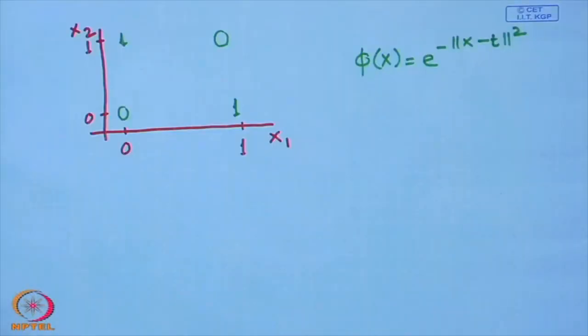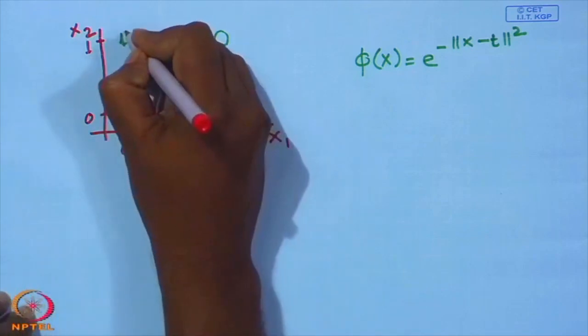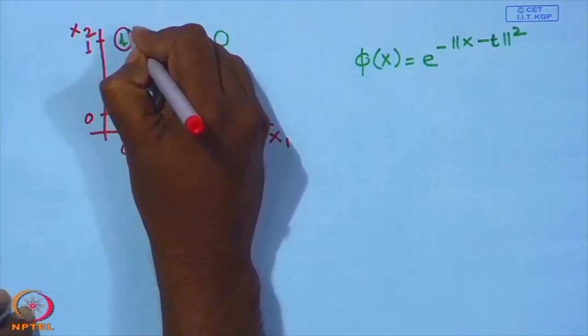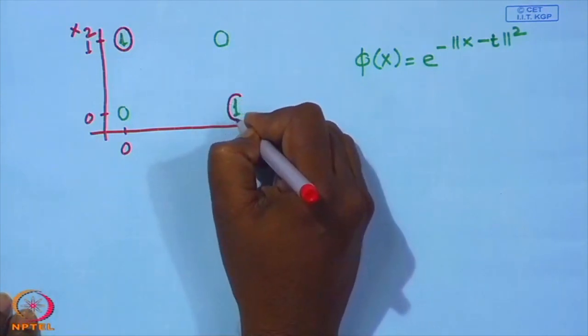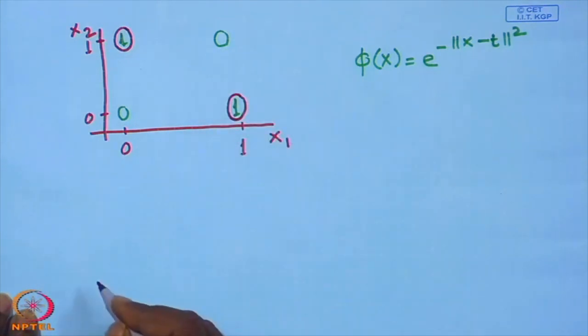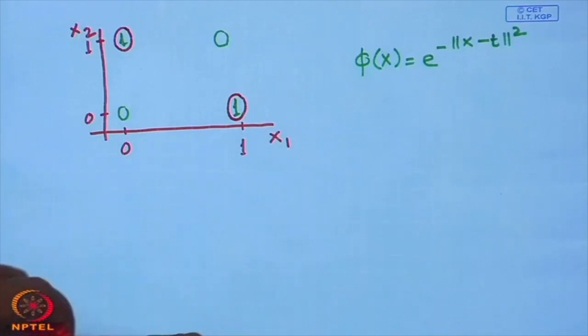So, I will use two receptors. One receptor I consider is the point at location 0 1, and the other receptor I consider is the point at location 0 2. By using this, if I compute the nonlinear transformation, the values that I will have will be something like this.